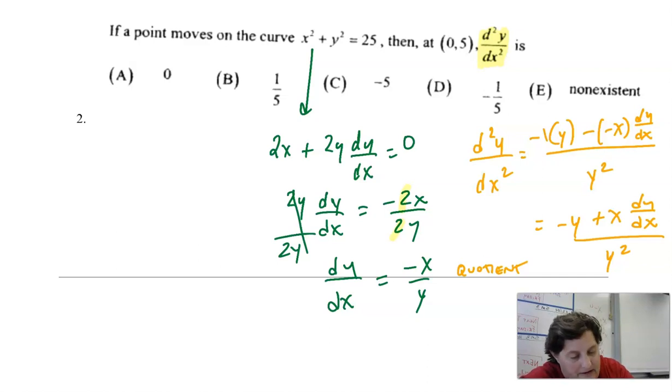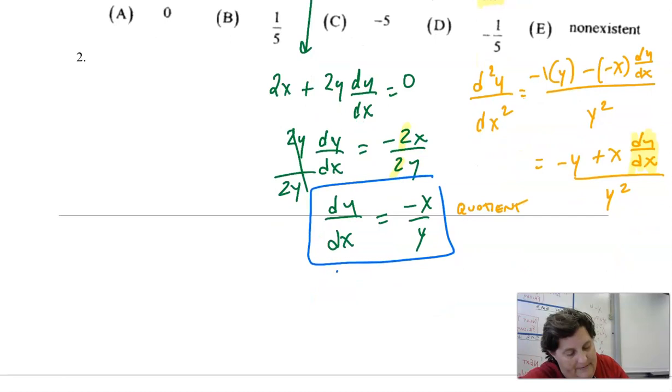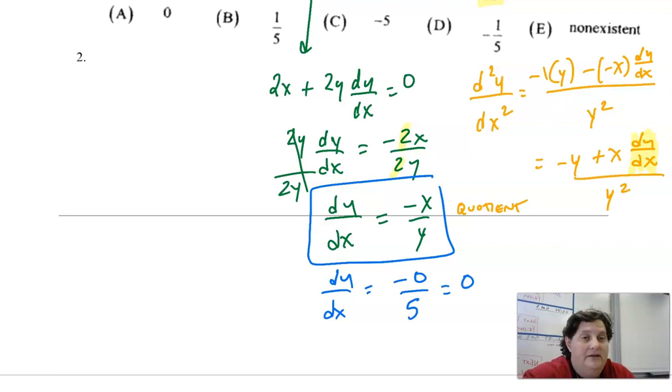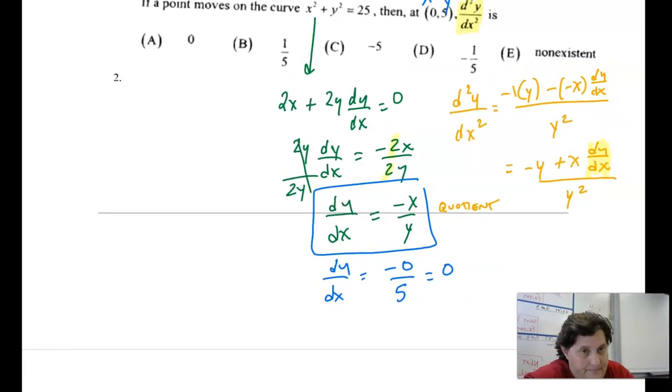You guys, I can plug in 0 for x, 5 for y, but I guess my question is, so what are we going to plug in for dy/dx? Well, if I go to here and I plug in 0 for x, and 5 for y, dy/dx is also 0, okay?